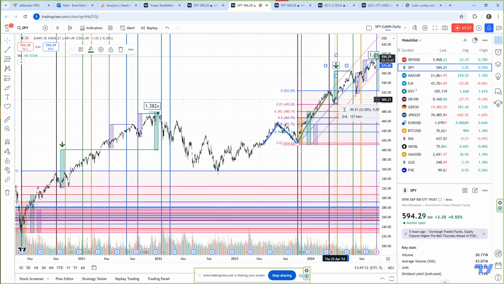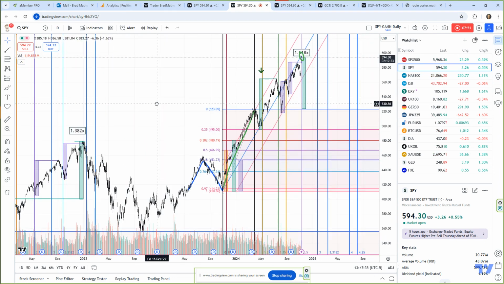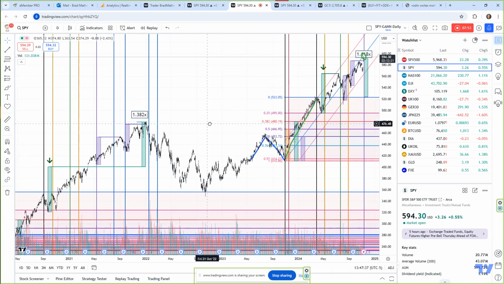We get the pullback off of the impulse move and we rally basically 618 of that impulse move. Then from there, it looks like we get into these double types of 5-0 levels, 382 levels. These are 382 levels in purple. And those bring us right up close to this upper level as a top. You see how it's played out twice over here.